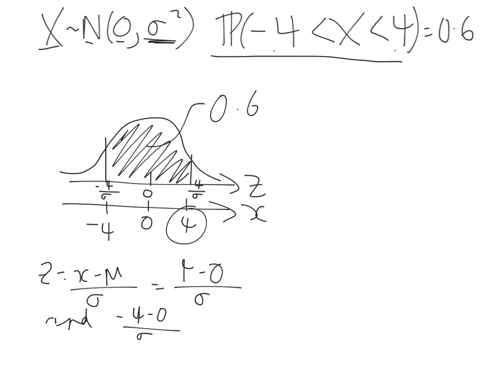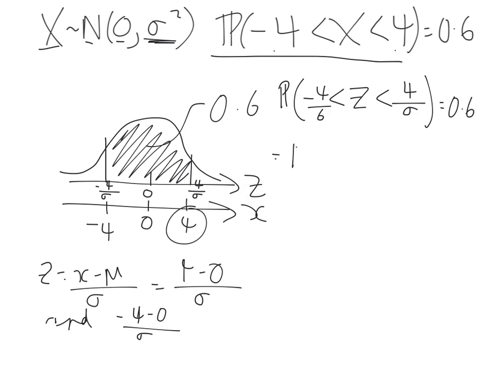Okay, so now we know that the probability that z is between minus 4 over sigma and 4 over sigma is 0.6. And we know that we can rewrite this as the probability that z is less than 4 over sigma, subtract the probability that z is less than minus 4 over sigma.